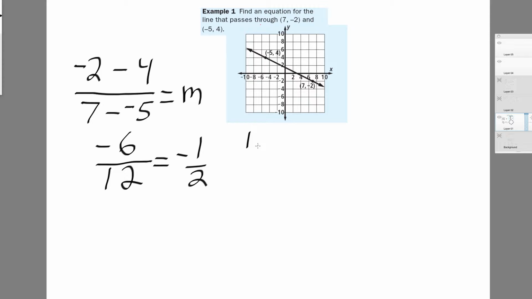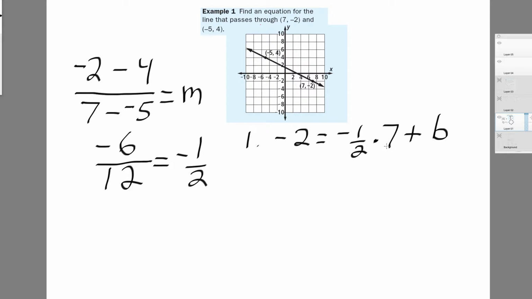Choice number 1 is to calculate the y-intercept and put it into slope-intercept form. And we would do that by doing a substitution for x and y. So if we use the first point, (7, -2), we would have that -2 equals -1/2 times 7 plus the y-intercept, which we don't know.